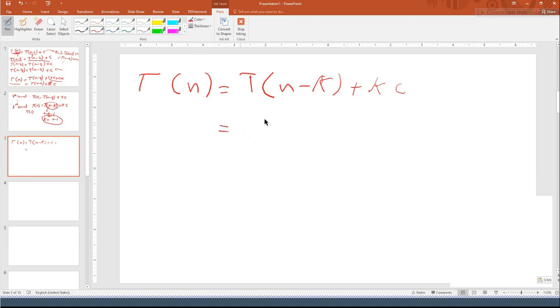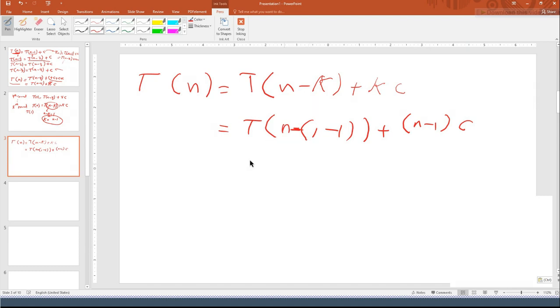So equal Tn minus (n minus 1) plus (n minus 1)C.